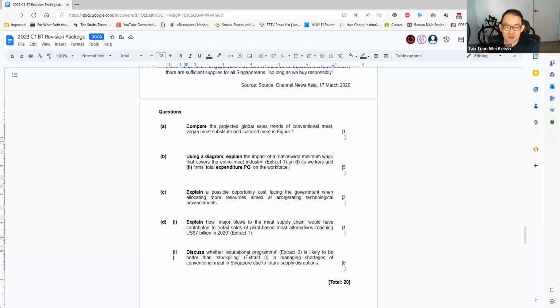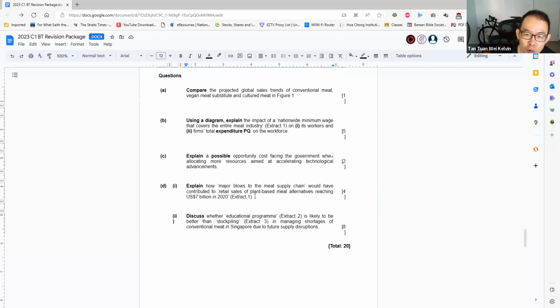When you explain, you must again talk about the value of the next best alternative forgone. Now, the word possible implies that it may not be found in the case study. If it is in the case study, you should use it. But if not, you can use your own theoretical point. That will be fine. That's part C.